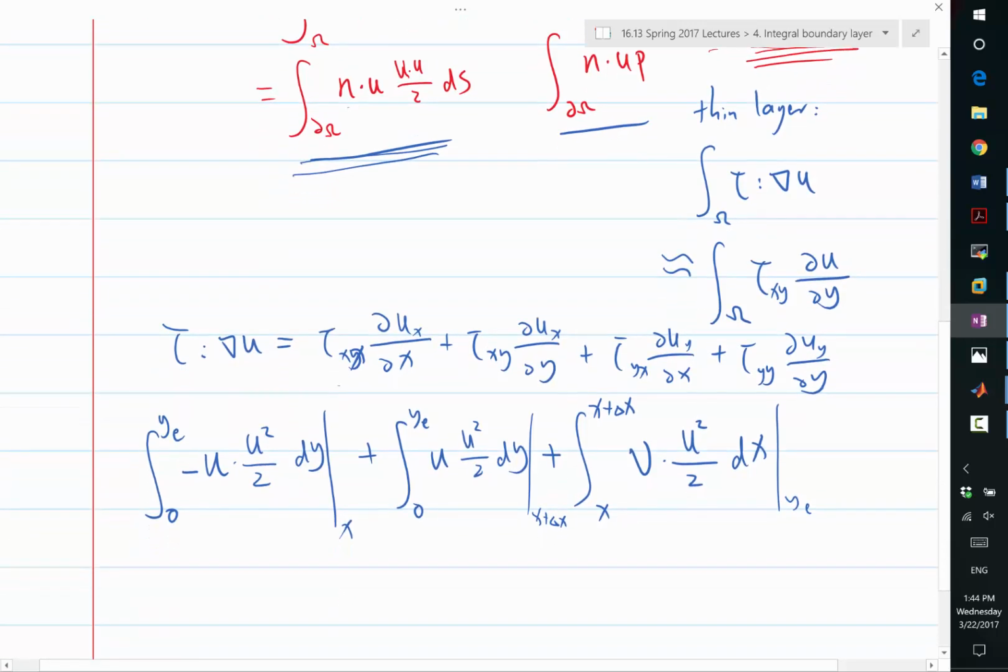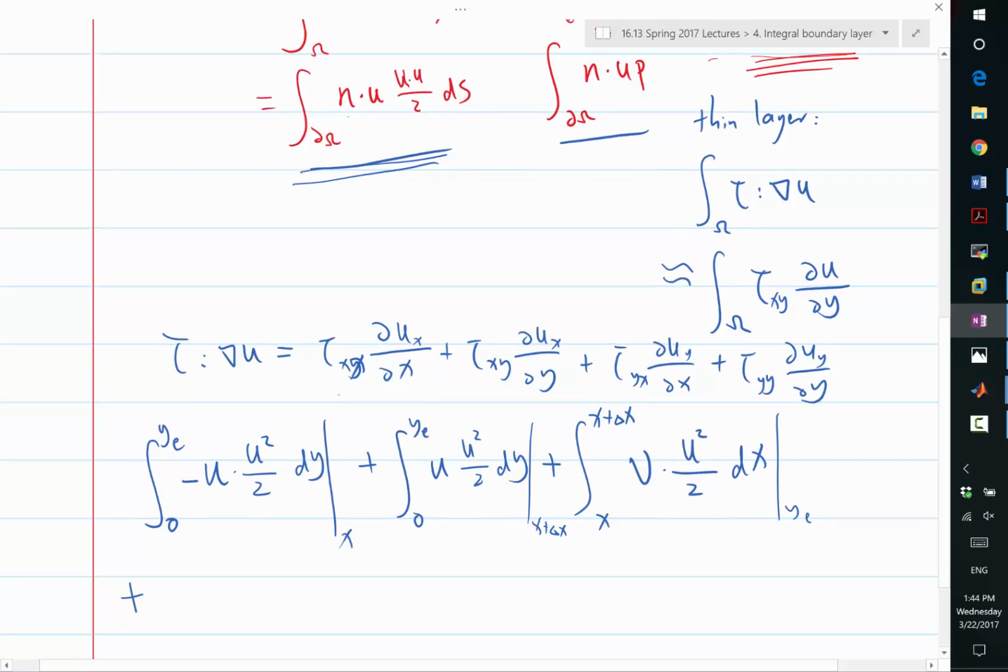My second term is the work done by the pressure. In the thin layer equation, pressure is uniform across the y direction. It's not going to be uniform as you're changing x, but uniform as you're changing y. So I can pull the pressure out. Pressure times the integration from 0 to ye of minus u dy at x, plus p times the same integral u dy at x plus delta x.